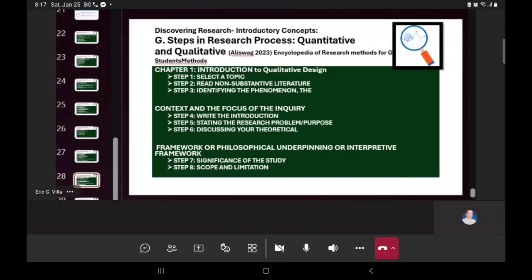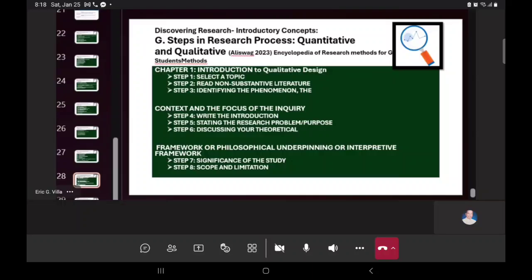This is followed by reviewing related literature, which provides background, understanding, and contextual framework. The third step involves identifying the phenomenon, which defines the specific focus of inquiry and establishes the research boundaries.